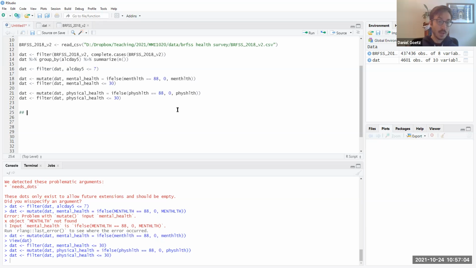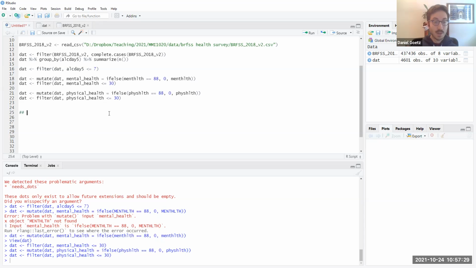More days with poor mental health leads to a positive effect on the number of days in which you have a drink. And physical health, we might expect the same thing, right? The days in which you felt your physical health impeded you from doing your normal activities because you were feeling poor, that might affect drinking, right?